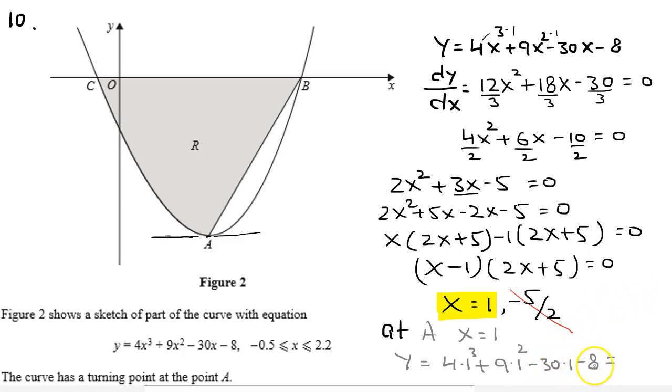So this is minus 38 plus 13. 38 and 13, that is minus 25. So this will be 1 and minus 25. These are the coordinates of A.